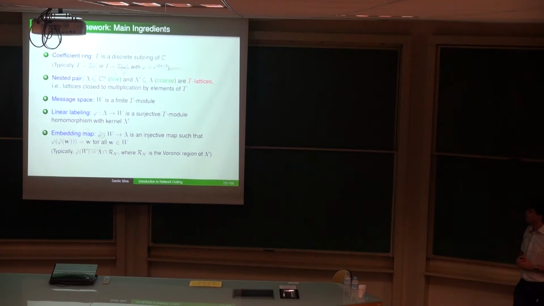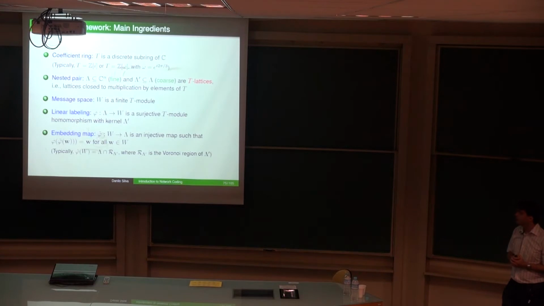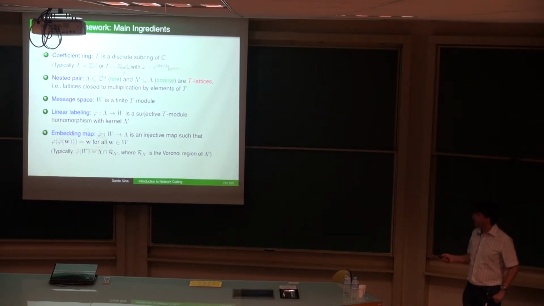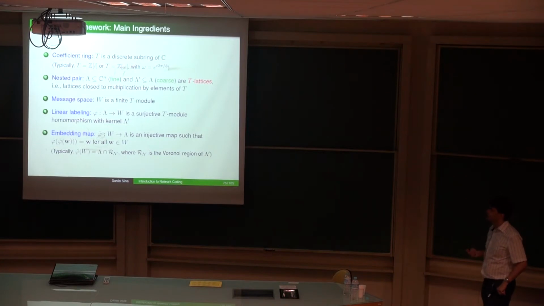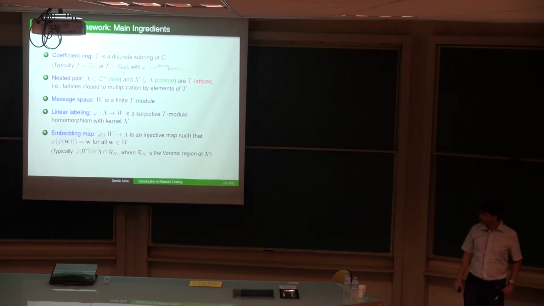The message space is of course a finite T-module. Another ingredient that we need is a labeling of lattice points with points from your message space. The important thing here is that this labeling is linear. So it has to be a homomorphism, actually a surjective T-module homomorphism from the lattice, the fine lattice, to your message space.